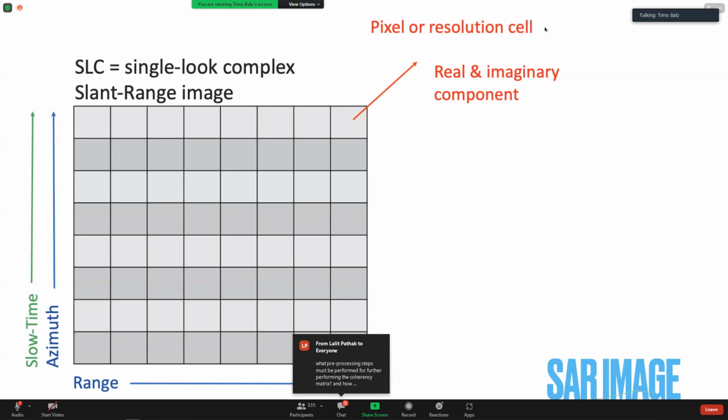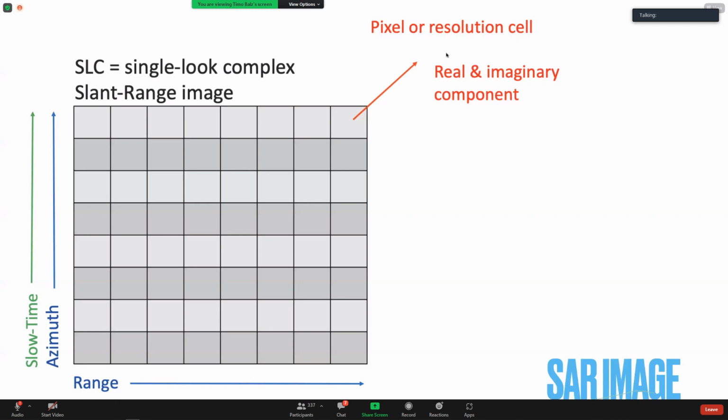And then I have here, in other words, pixel or resolution cell. In SAR, we use these two terms: one is pixel and one is resolution cell. Sometimes we use them synonymously. The best definition of the difference that I know and try to use is that in the SAR image, this is a pixel, and the resolution cell describes the area represented by that pixel on the ground.